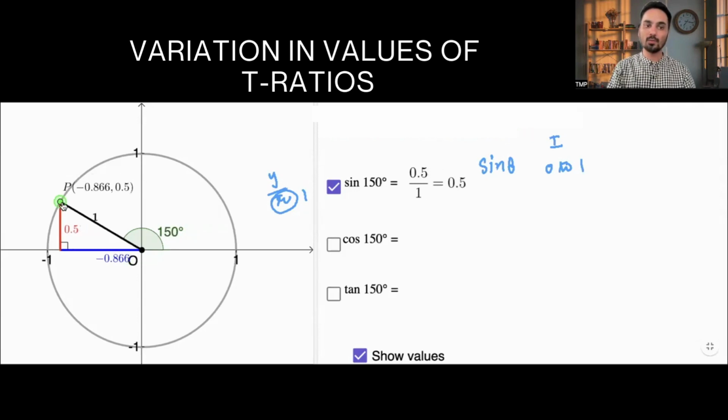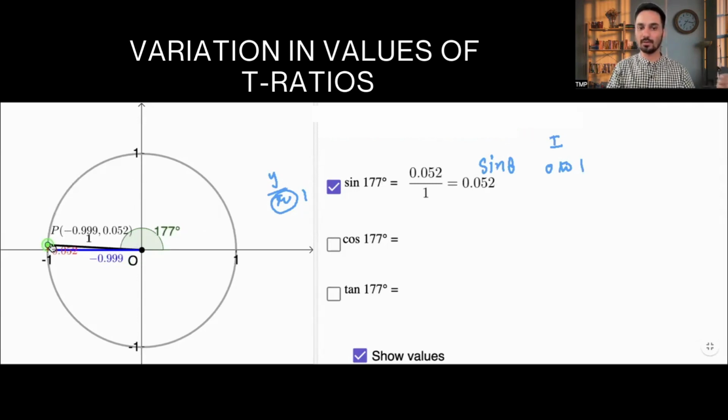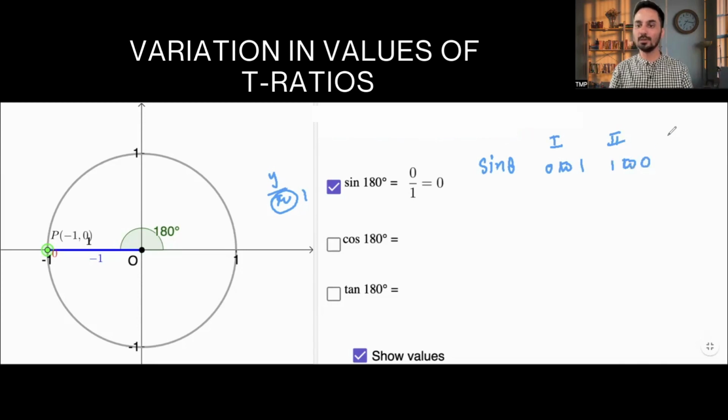And when we reach near 180 degrees, the value of sine is nearly 0 because the value of y is nearly 0. And when we hit 180 degrees, the value of sine is 0. So we can say that in second quadrant, the value of sine changes from 1 to 0.